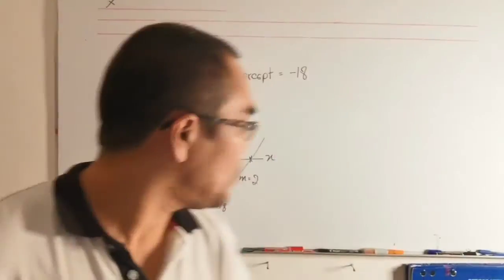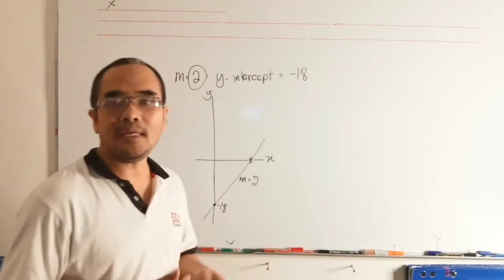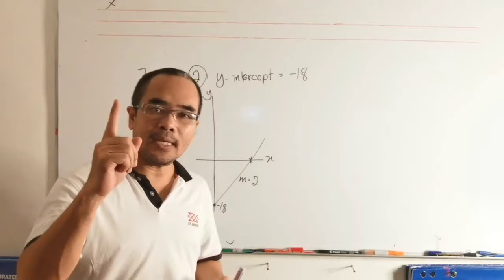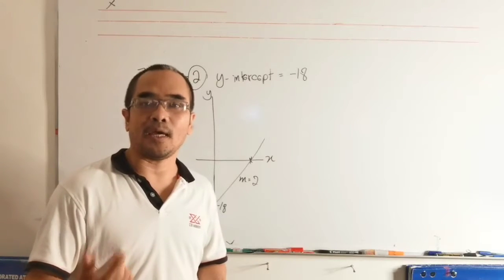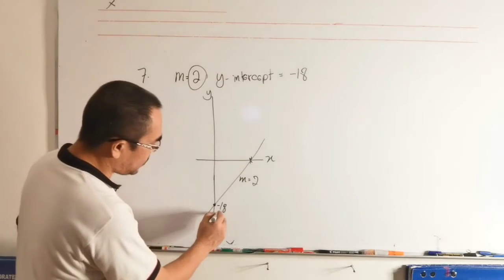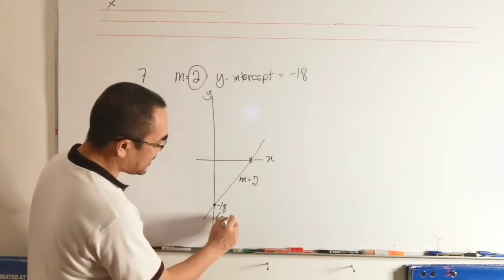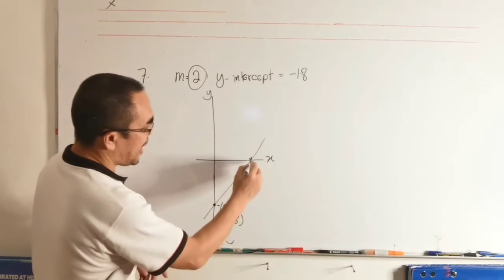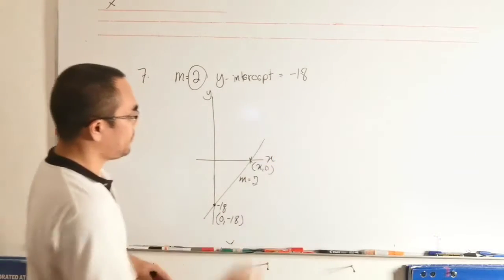There are two ways to do this. First, using the gradient formula, y2 minus y1 over x2 minus x1. In order to use that, I need to label the coordinates here as (0, negative 18), and here will be (x, 0).